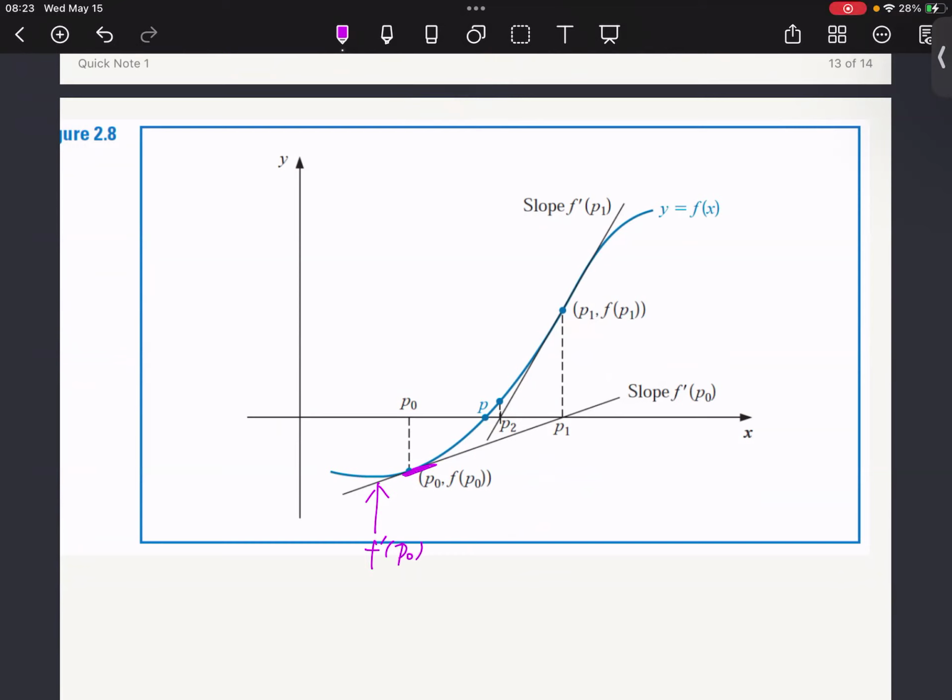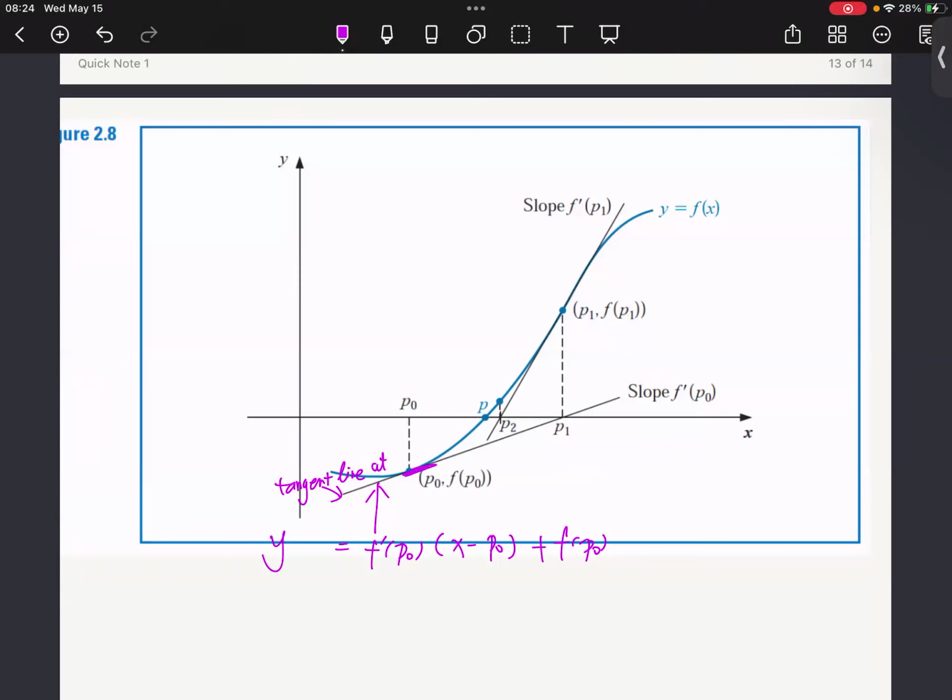This is the tangent line of this function f, at the point P0. And if you use the point-slope form, you would get this function: y equals f prime at P0 times x minus P0, plus f at P0. This is the point-slope form for this tangent line.